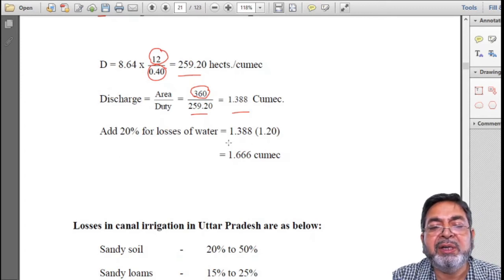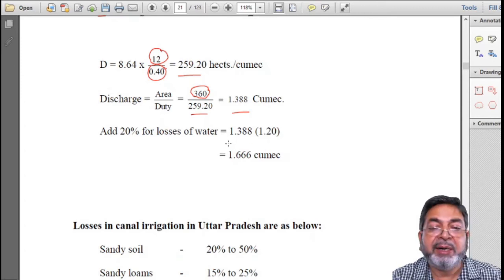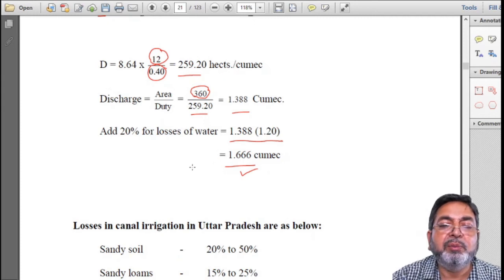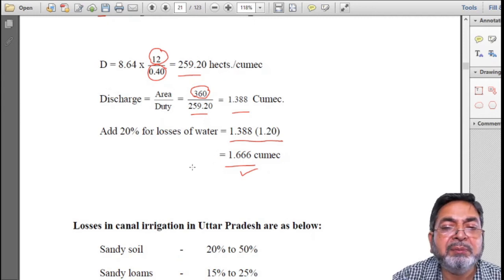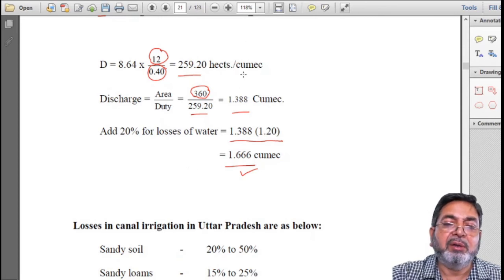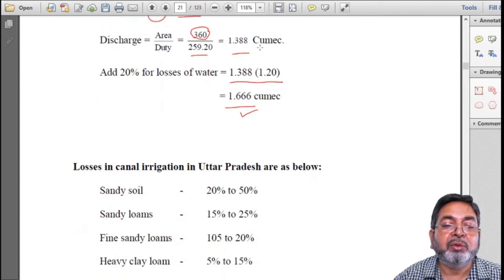I told you earlier also that if you want to increase it by 20%, you have to multiply it by 1.2. So 1.388 multiplied by 1.2 will give you 1.666 cumec. So this is the final answer. Okay, I hope you have understood this problem. And in case you feel any difficulty, you can call me on phone. I will explain to you your queries.